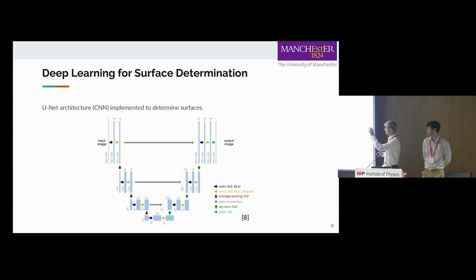We have the initial input image, which is the CT scan, the blurred image with artifacts, etc. On the left-hand side, we have this downsampling stage, where the dimensions of the image are slowly decreased, and that's due to what are called pooling stages. Here all the voxel values are put into 2x2 grids, and then you can do average pooling or maximum pooling, where a 2x2 grid is represented in the next stage by only one pixel.